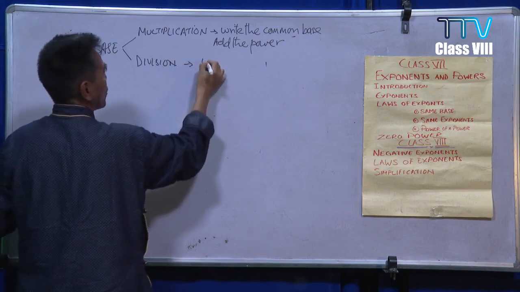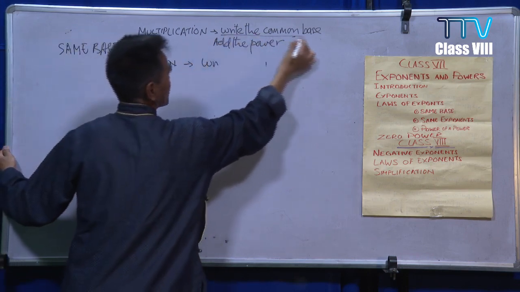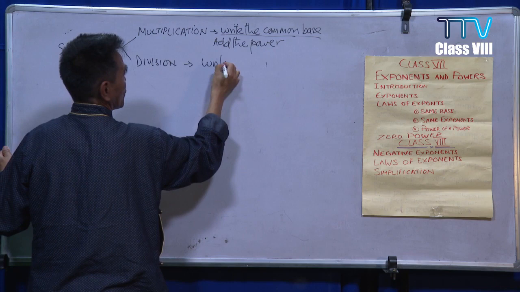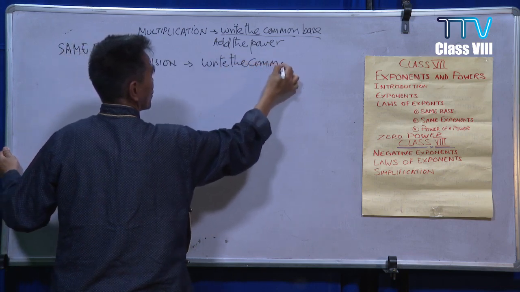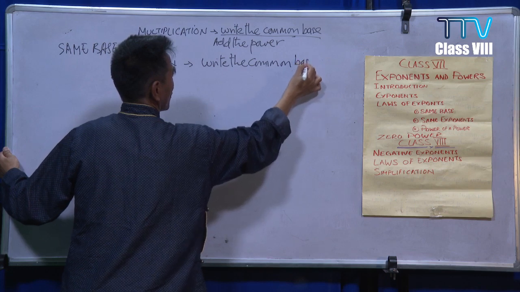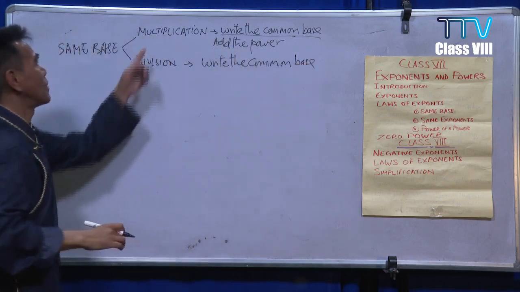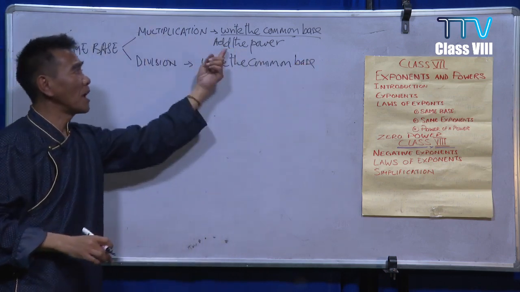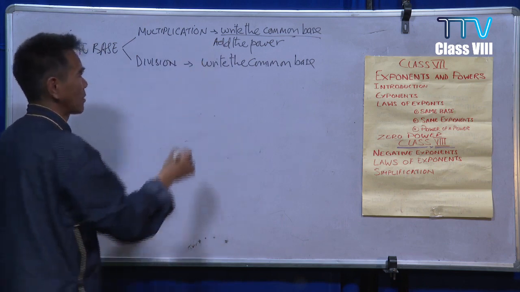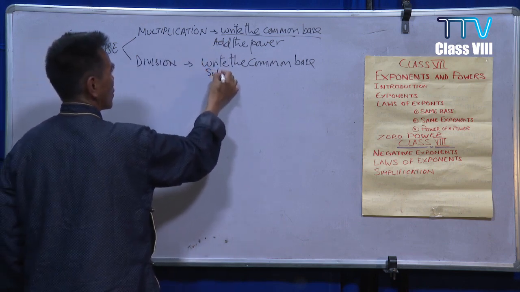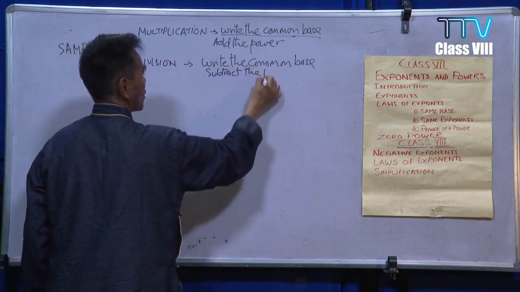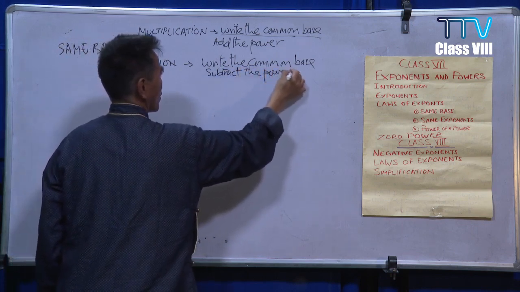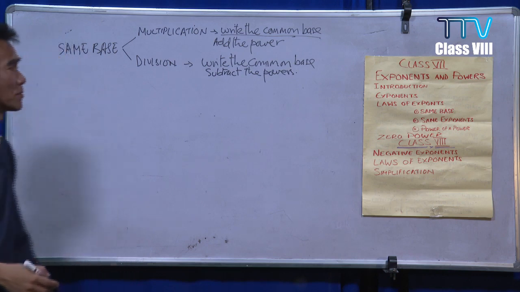Division: also write the common base. Because division is the opposite of multiplication, where we add, here we subtract the powers.